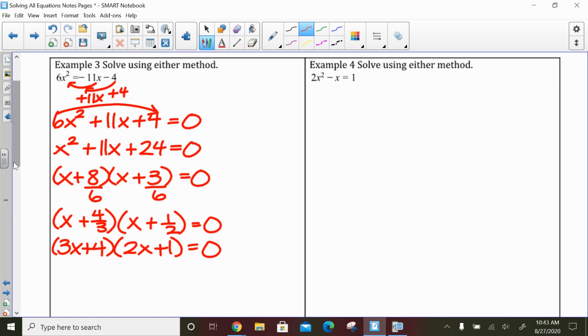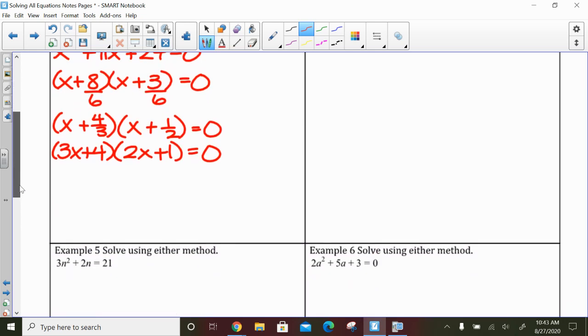So my factors are now completely factored. I set each one equal to 0 and solve. 3x plus 4 equals 0. 2x plus 1 equals 0. So I'm subtracting 4. 3x equals -4. Divide both sides by 3.